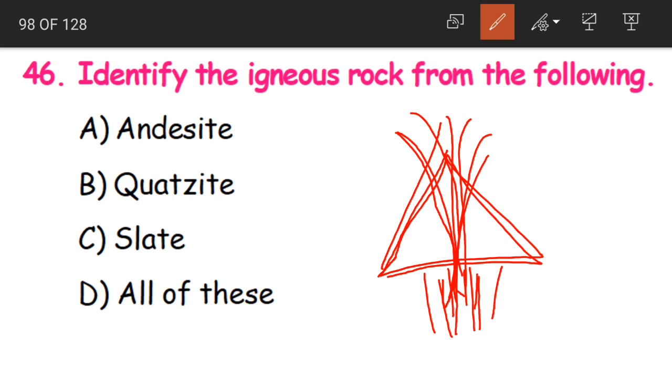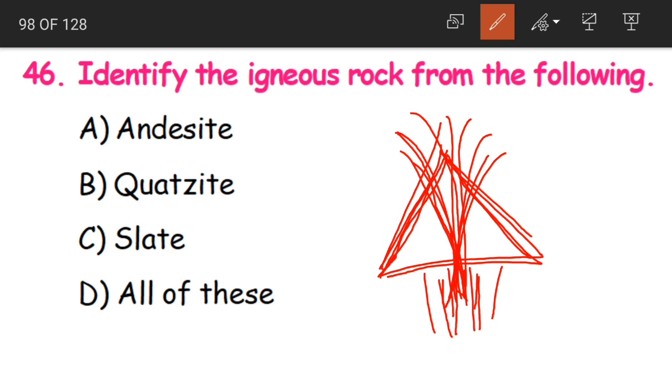So whatever molten liquid, that is the hot liquid which is coming out from the earth layers, after coming out, it is going to form a mountain shape. Okay, after it is getting cooled, these types of rocks are called igneous rocks. Okay, and these igneous rocks have got different names.